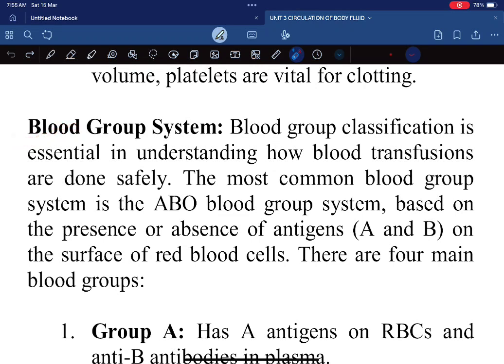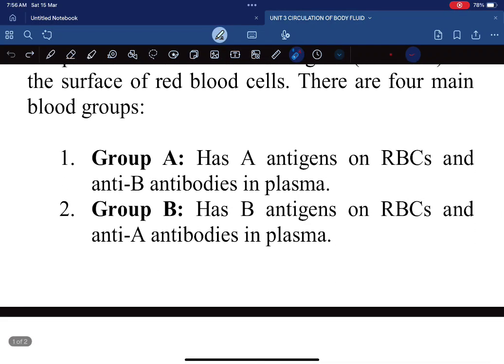Blood group system. Blood group classification is essential in understanding how blood transfusions are done safely. The most common blood group system is the ABO blood group system, based on the presence or absence of antigens A and B on the surface of RBCs. There are four main blood groups.